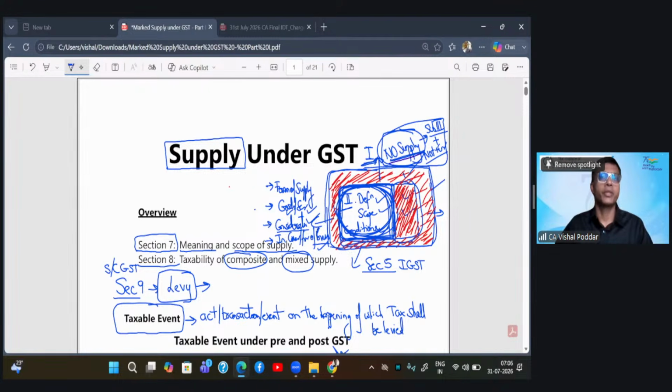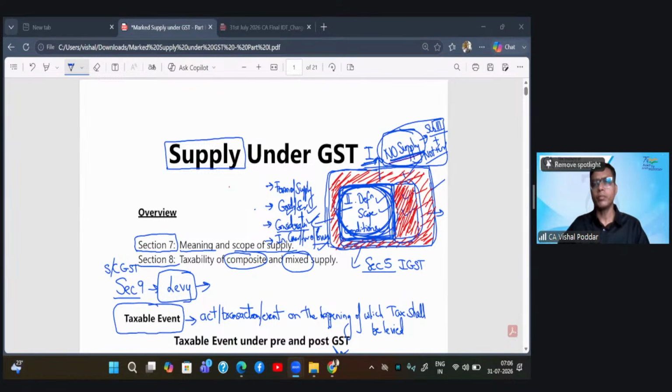There is a specific schedule, Schedule 2, which will help you classify your transactions into transactions of goods or transactions of services. And then there are some notifications and circulars clarifying what will be supply of goods, what will be supply of service.